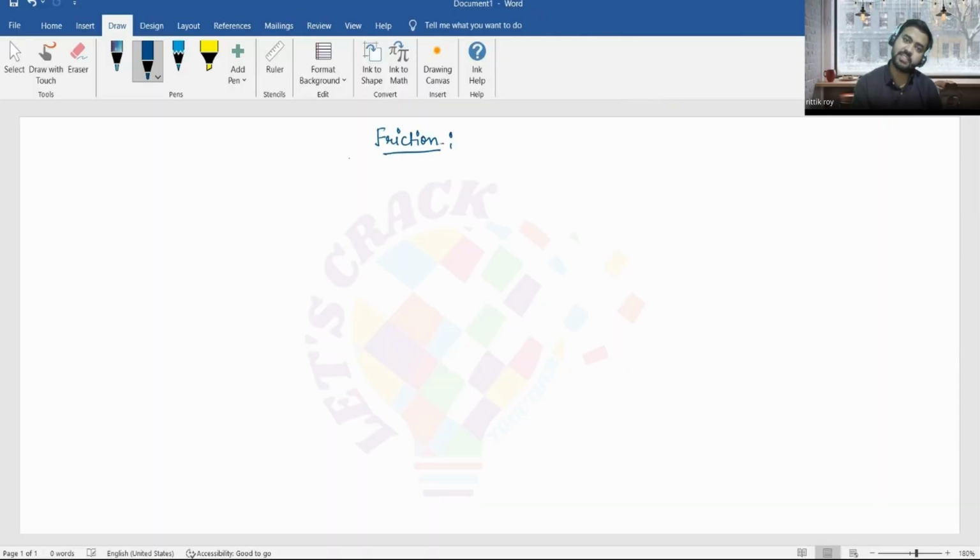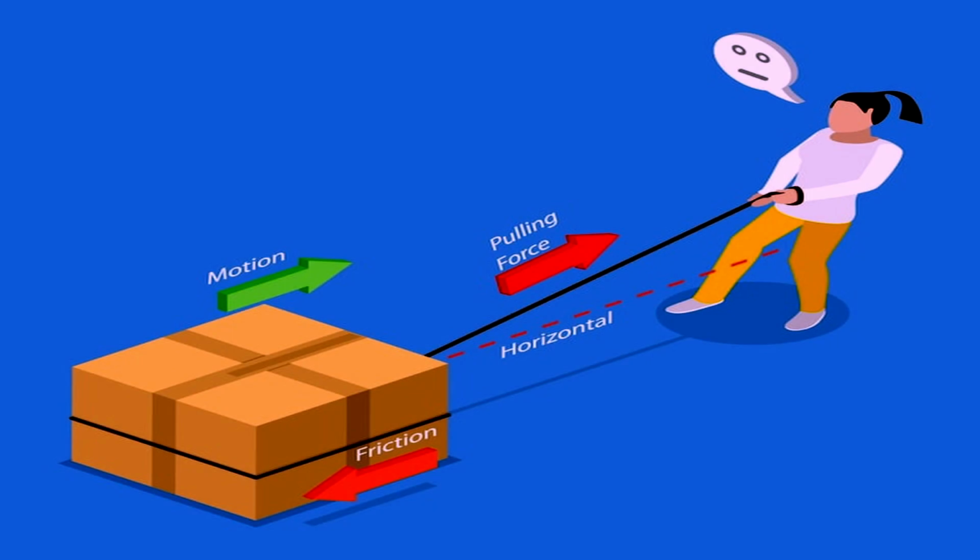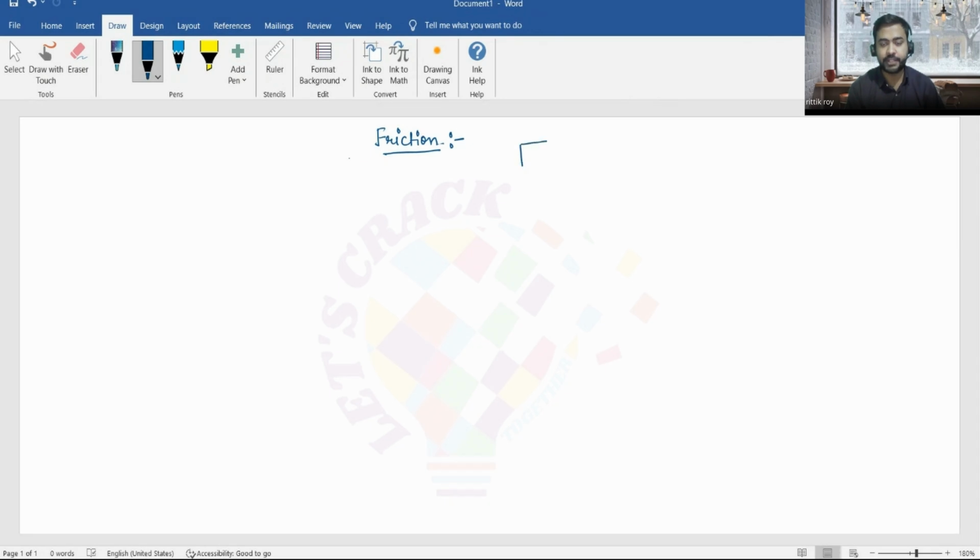What we have studied about friction in the previous class is that friction is a force which opposes the relative motion of an object. Suppose this is an object, and if the object is moving in this direction, a force will always act in the opposite direction, which will oppose the motion of this object. This force is known as the force of friction. So what does frictional force do?